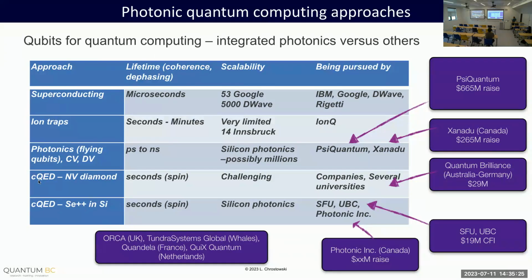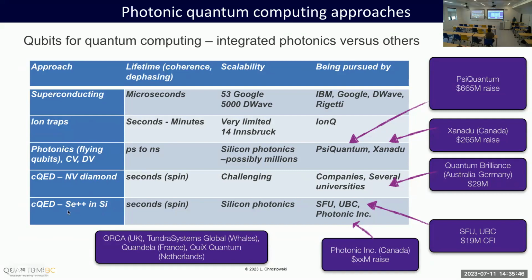Some of those who are in the superconducting field are aware of circuit quantum electrodynamics. Very similar concepts. And this field started with nitrogen vacancies in diamond, which is a really difficult material to etch, as you can imagine. It's a hard material. Etching silicon is a lot easier, so the field is now looking at silicon.